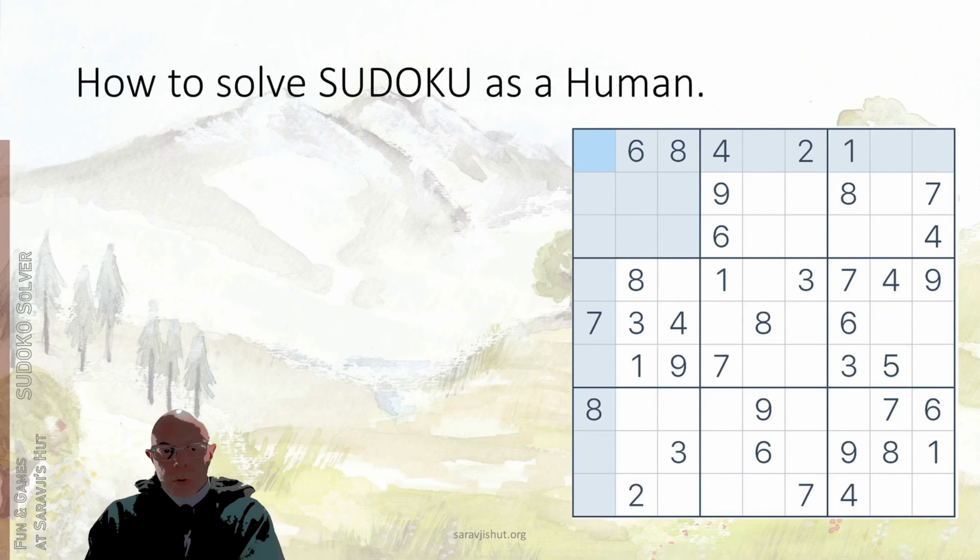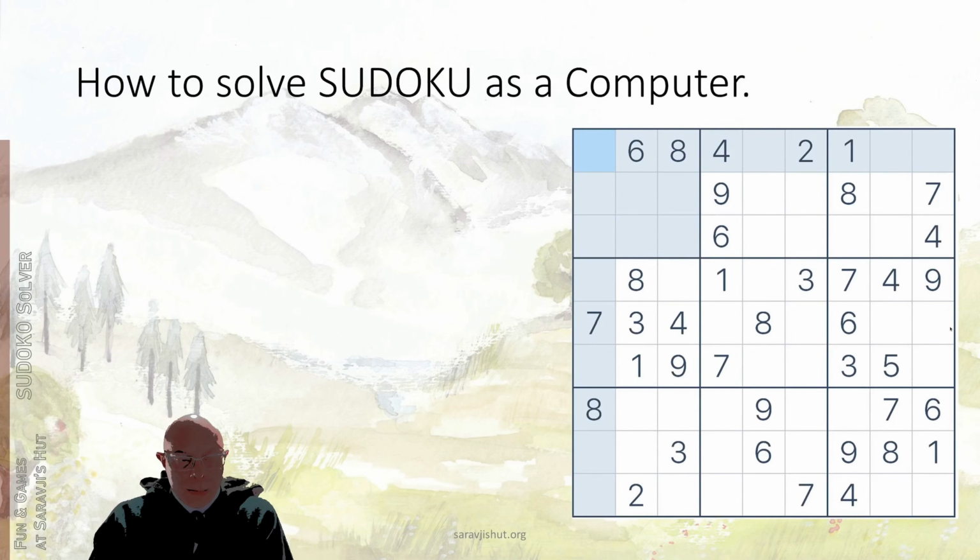So how do we do it as a computer? As a computer, we are taking a different approach. Instead of trying to solve it with logic, we are simply solving it by trying. And what this means is we take the first square that is empty, so where there is nothing pre-filled or nothing filled in yet.